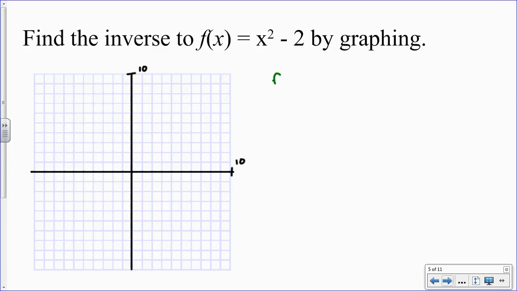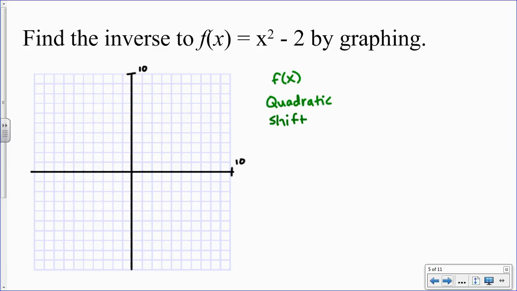So f of x is x squared minus 2. So I know that f of x is quadratic. And that minus 2 means it shifts down.